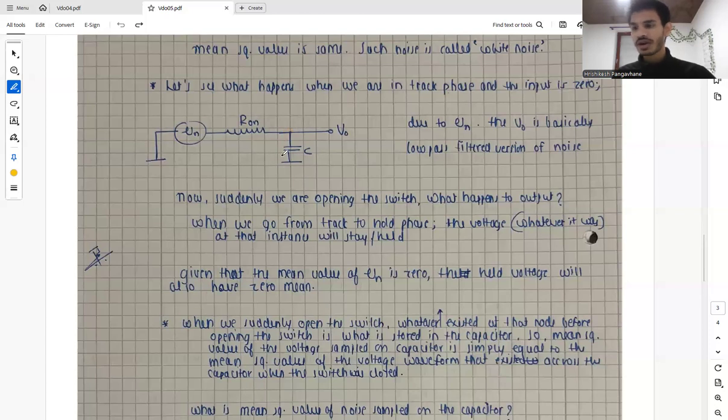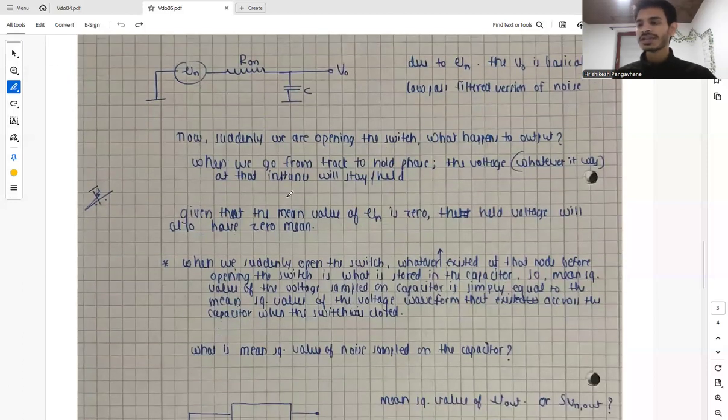So the mean squared value of the voltage sampled on the capacitor, basically what is stored on the capacitor, is simply equal to the mean squared value of the voltage waveform that was across the capacitor when the switch was closed. So that's how it is.